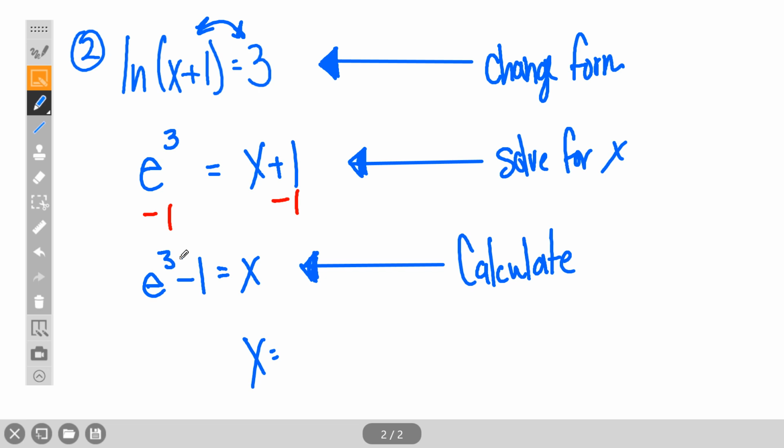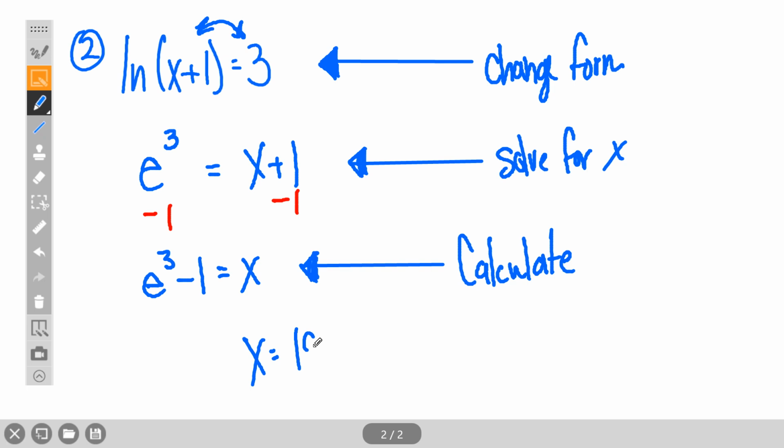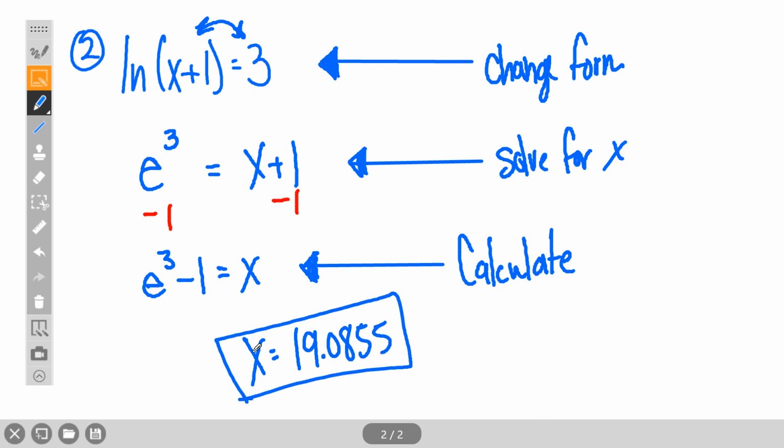So we're going to do e to the third power, and then we'll subtract 1 from whatever that is. E exponent 3, subtract 1 from that, so 19.0855. All right, and that is the approximate value of the solution for number 2.